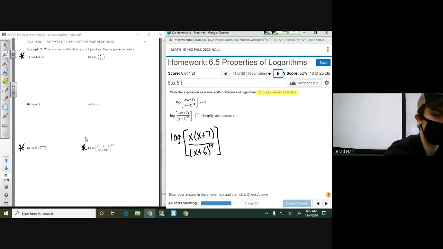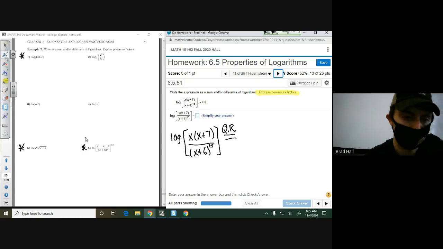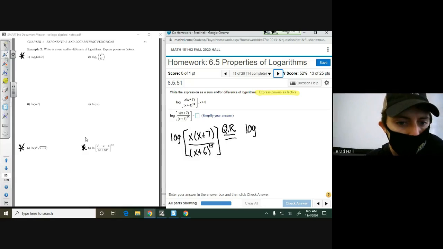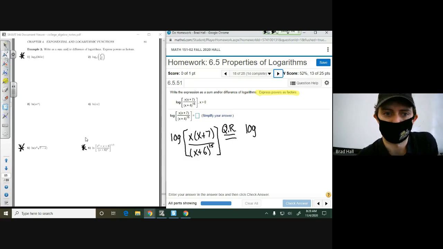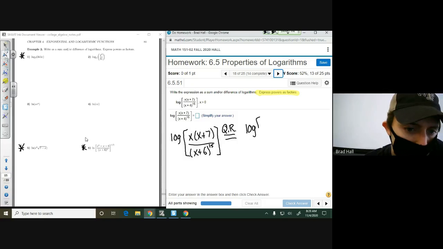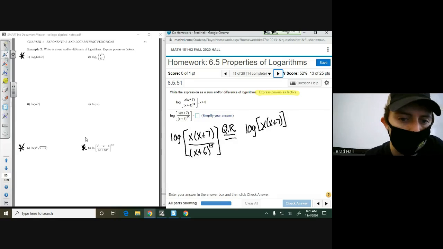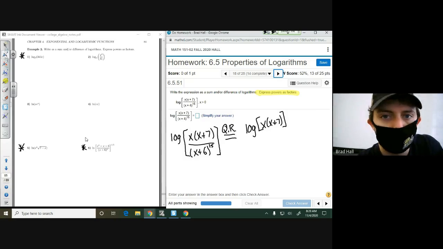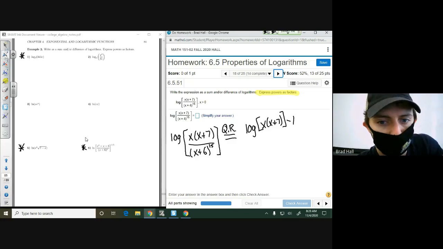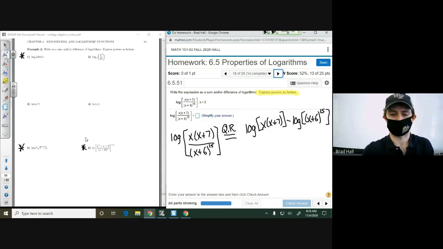So this is a quotient rule first, which means we evaluate the logarithm of the numerator. And then the quotient rule tells us to subtract the logarithm of the denominator. Just like that. That's the quotient rule.